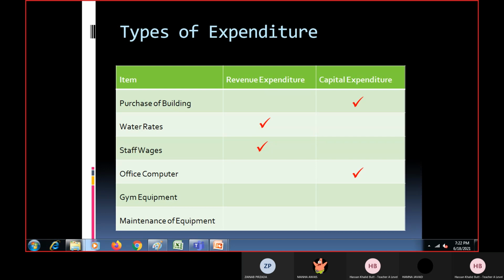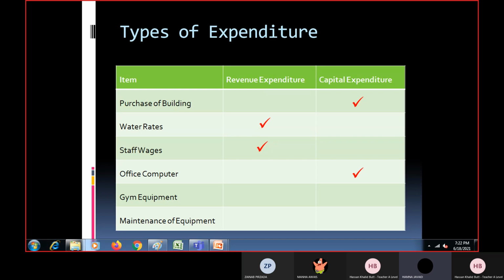Sir, it would be revenue expenditure. Reason. Yes, Zainab. Go ahead. Zainab, you don't know the reason? Yeah, sure, Hamna.